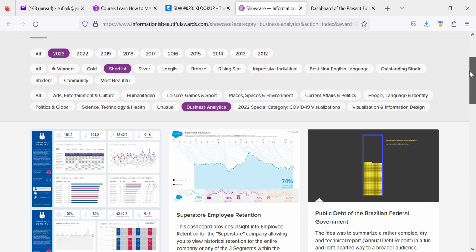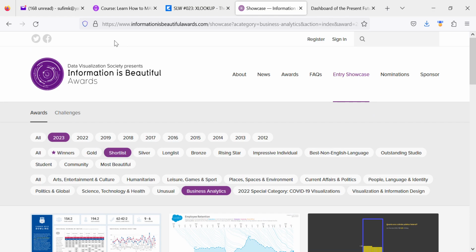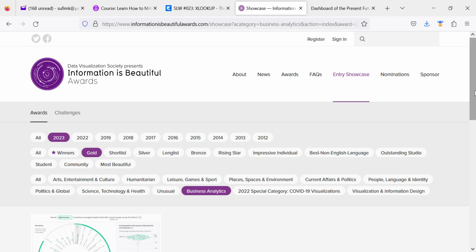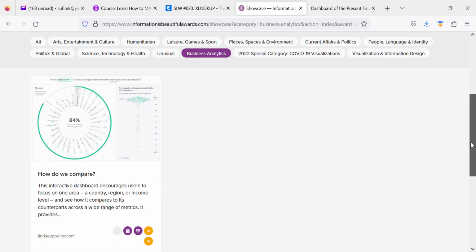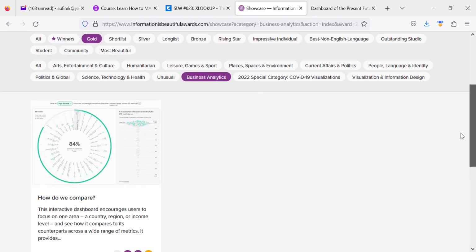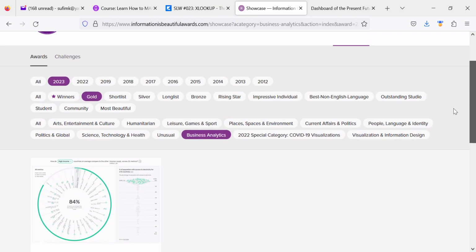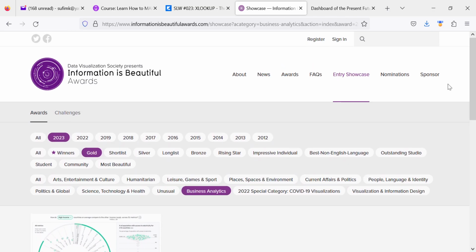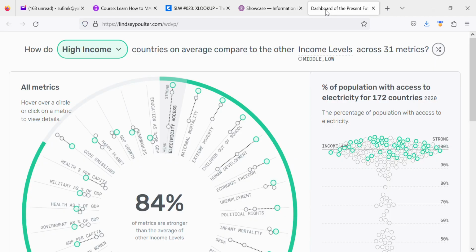Let's come to the winner under the business analytics category. It looks like this one. Let's go to this particular dashboard and see how it compares the data.